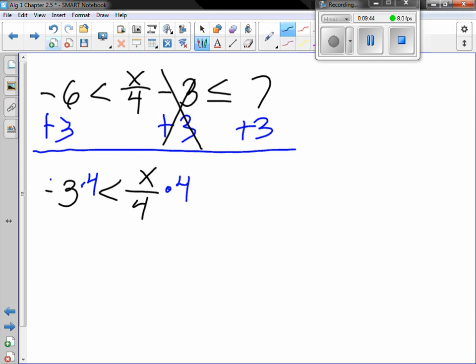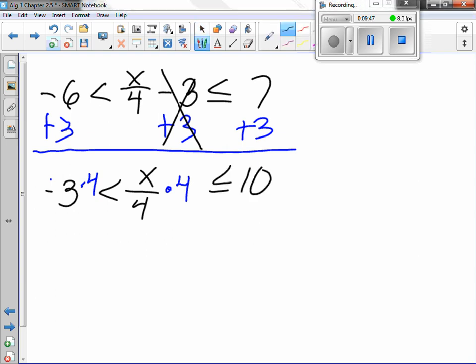So when we add this here, we're just going to multiply all 3 by 4. So it's very similar when we just had two, a left and right. We didn't have left, right, and middle. But our operations that we do apply to all three. They just apply to all three. So here, -3 times 4 is going to be -12 is less than x because these cancel.